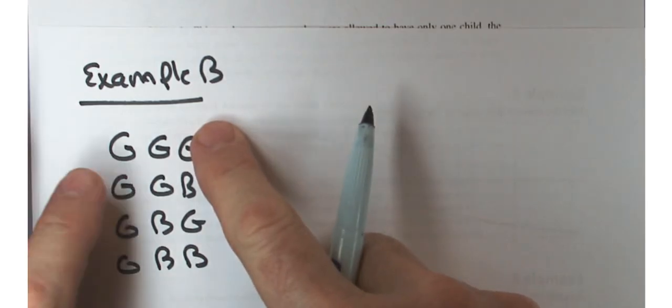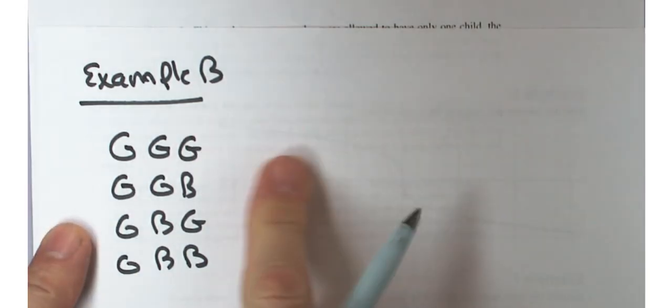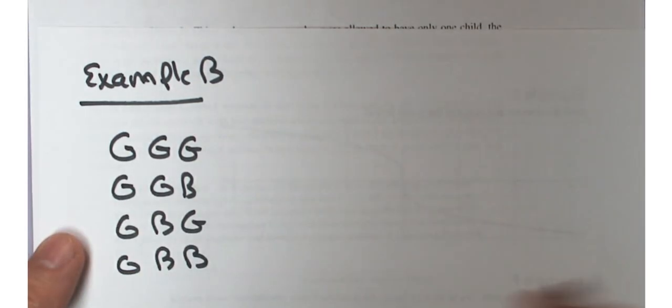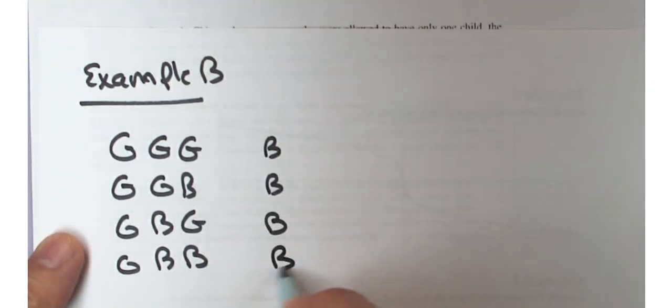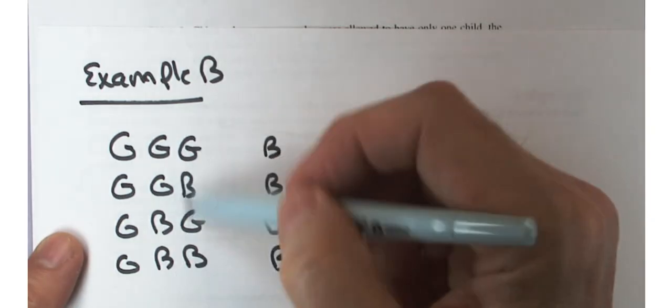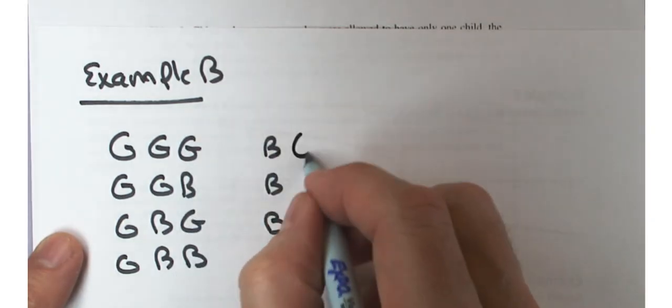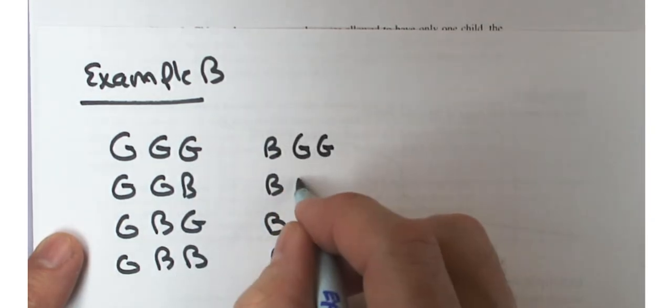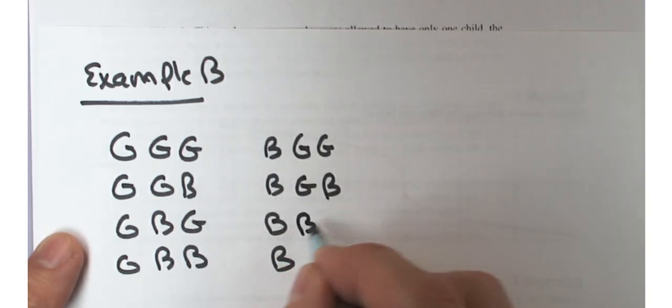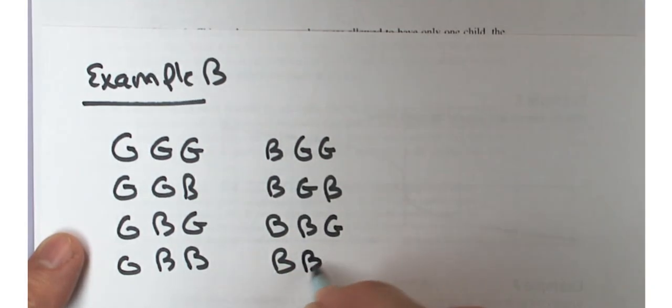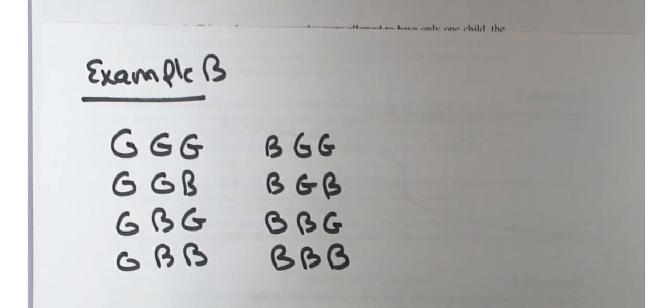And now I do the same thing, except the first child could be a boy. So boy, girl, girl; boy, girl, boy; boy, boy, girl; and boy, boy, boy. So this is our sample space.